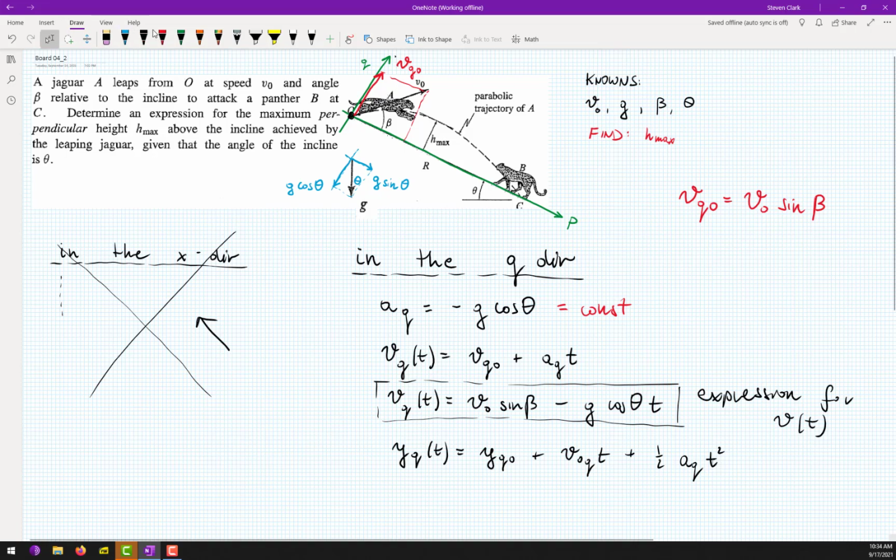Okay, let's fill it out again. This is 0, and the other two parameters we found earlier. So our y_q is v0 sine beta t minus 1/2 g cosine theta t squared. Okay, this is our expression for y_q of t.